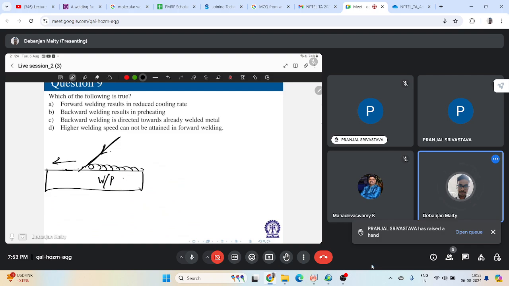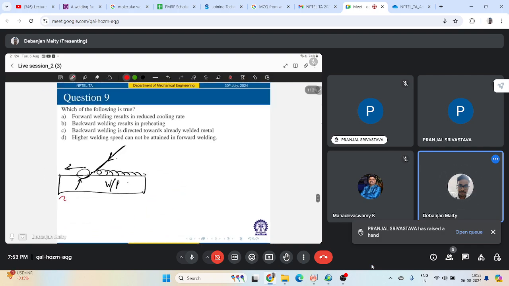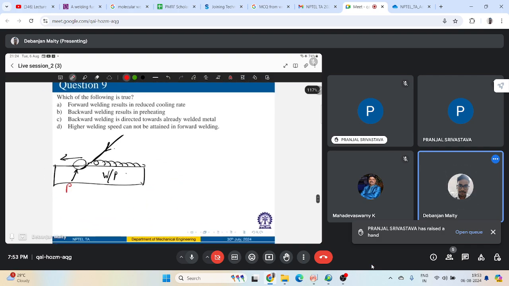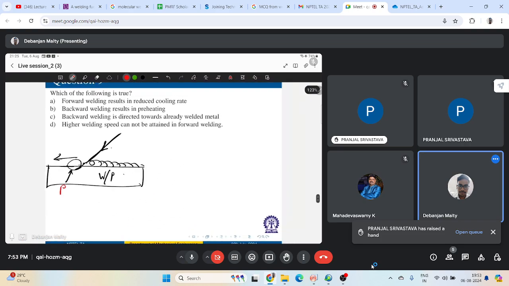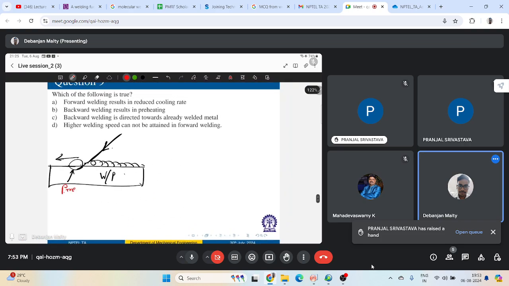As there will be preheating of the material, it can be melted quickly. So you can attain higher welding speed when you are doing forward welding.